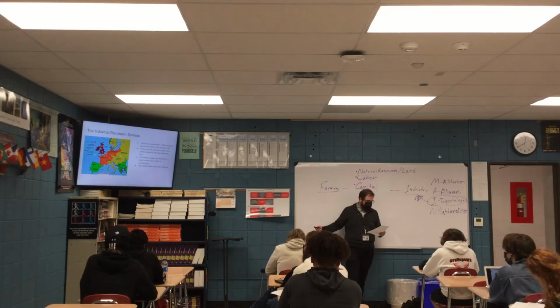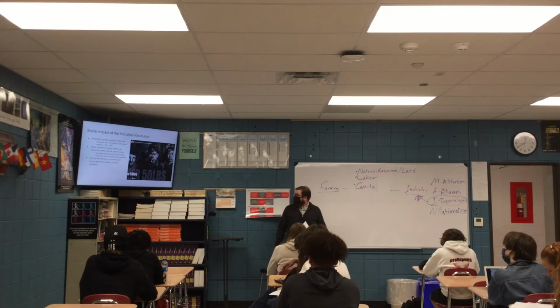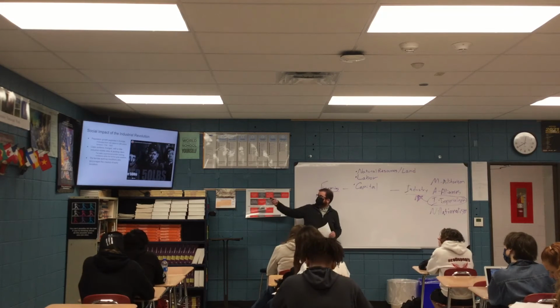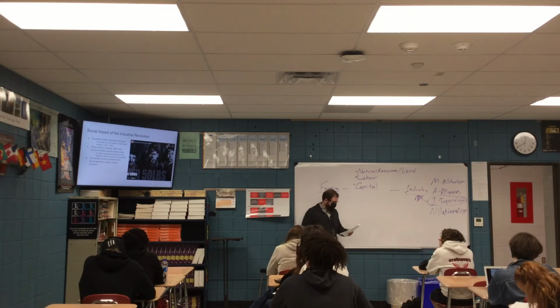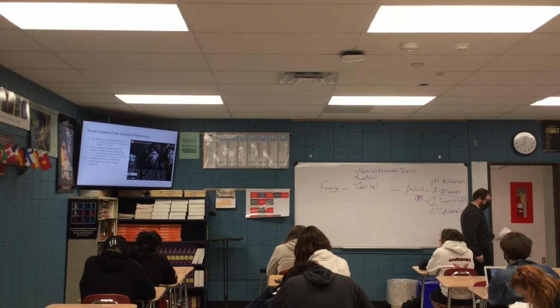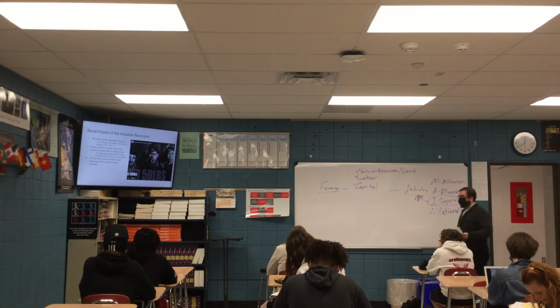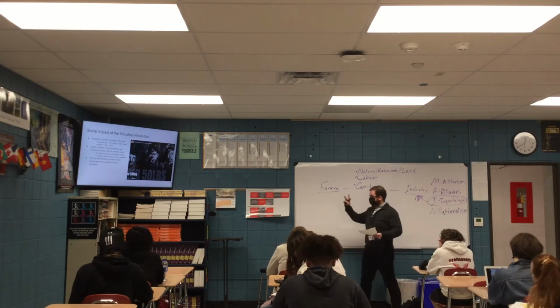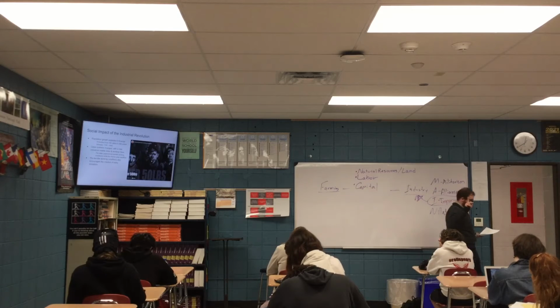All right, now we'll be talking about the social impact of the Industrial Revolution. As a result, the population of Europe almost doubled between 1750 and 1850, going from 140 million to 266 million. Before the Industrial Revolution, you have two classes, the aristocracy and everyone else.